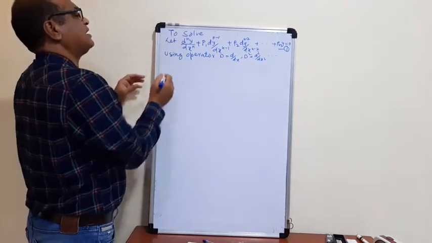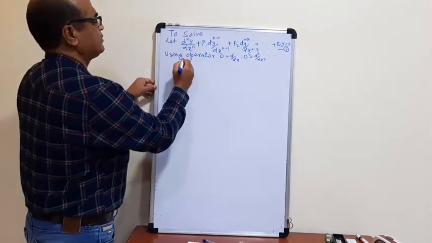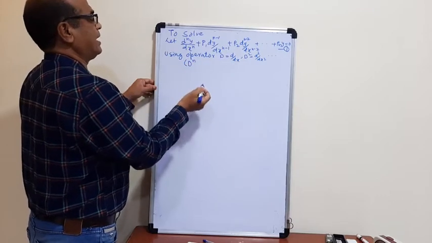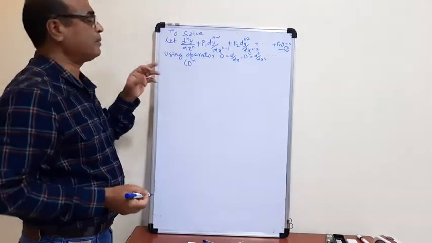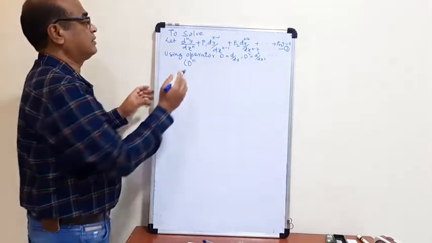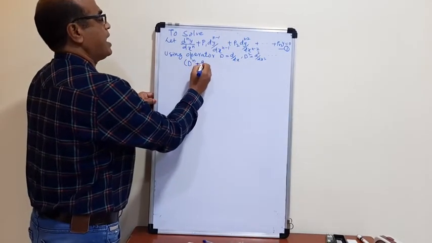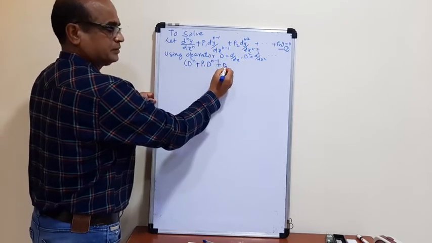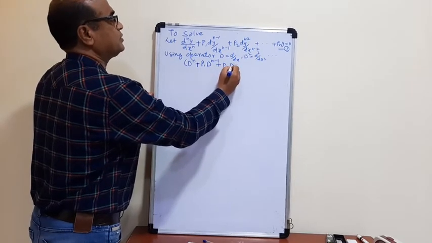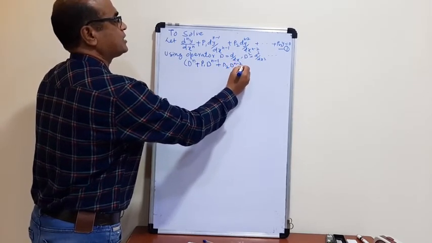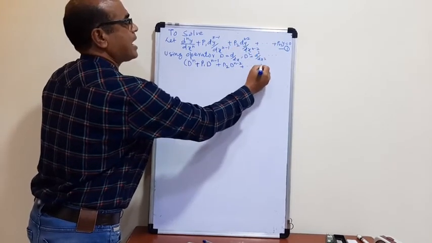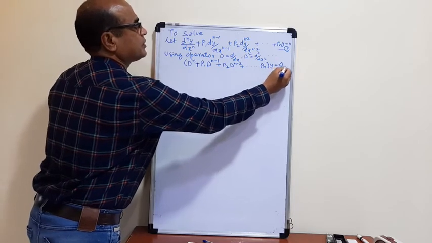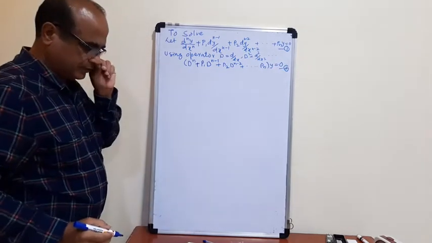So the equation becomes D^n plus p1 D^(n-1) plus p2 D^(n-2) and so on, plus pn, into y is equal to 0. So this is equation number 2.